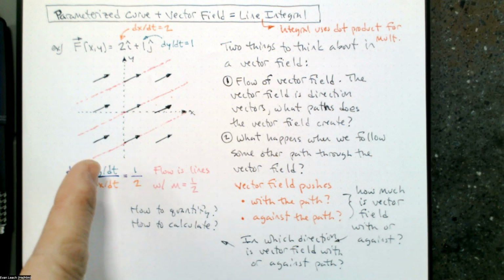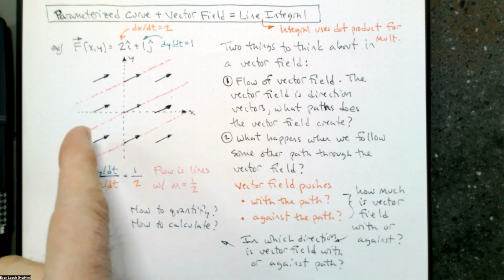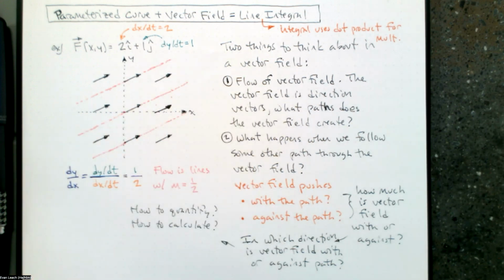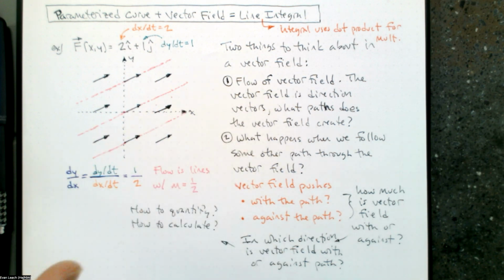This example is an example where multiplication will do the trick, if we follow along the flow of the vector field. It's also going to be very useful because our vector field is constant. If we take a path that is also constant, then all we have to do is multiply.